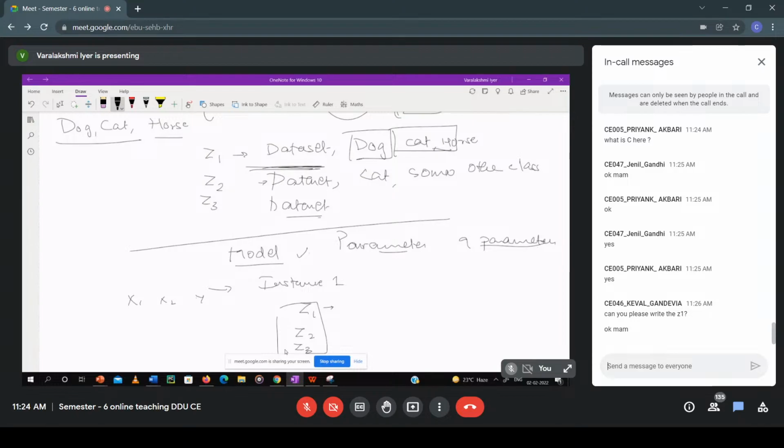Suppose 7 and 70 are the two values that we are having in the first instance. And for Y we are having Y1, Y2, and Y3. Here it is 1, here it is 0, 0. This is how your output is.